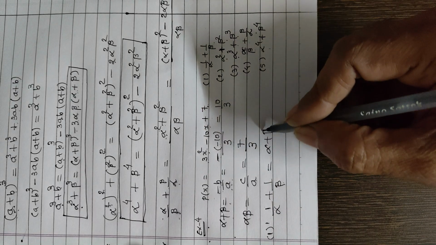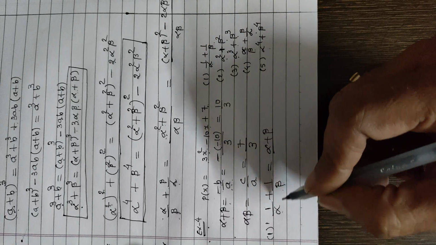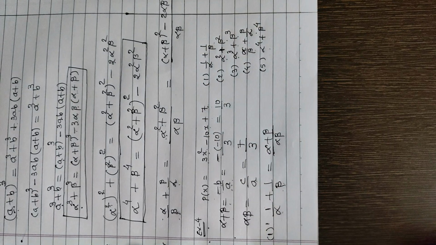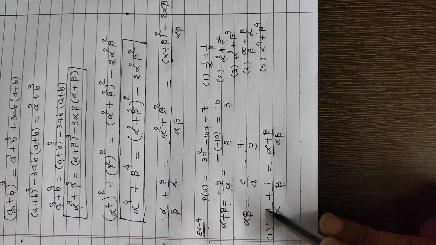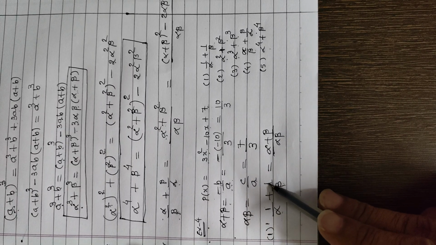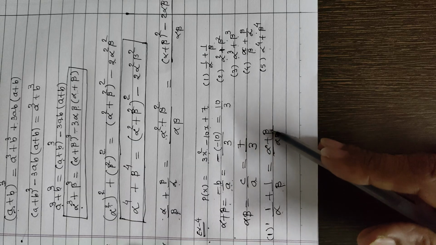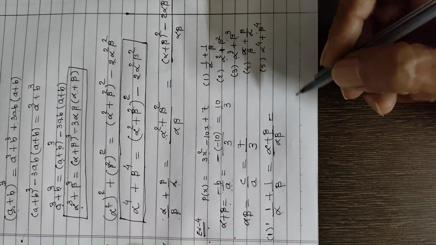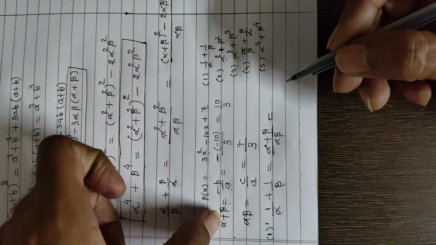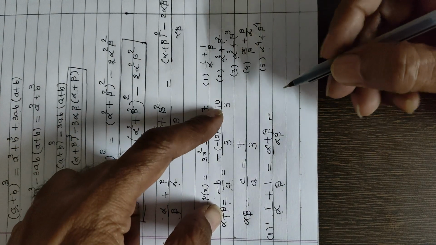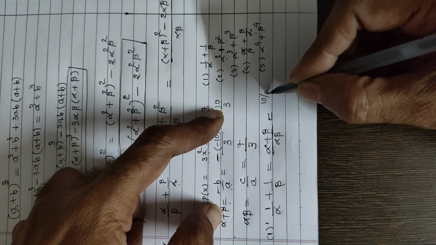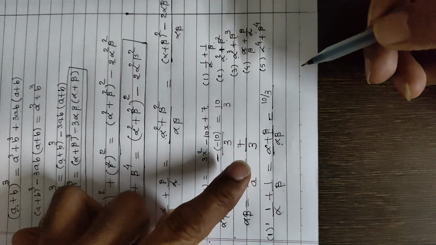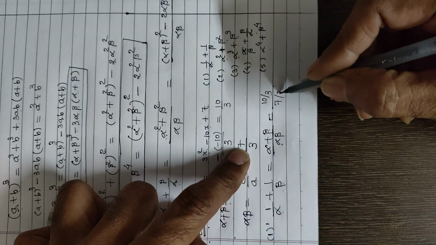So it will be alpha plus beta divided by alpha beta, the product, in the denominator. Now alpha plus beta is 10 by 3 and alpha beta is 7 by 3.